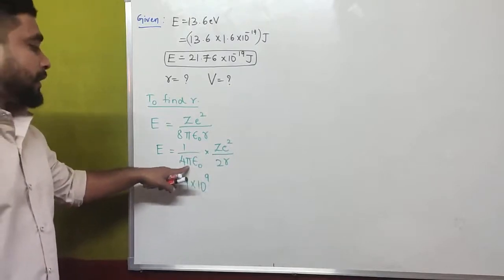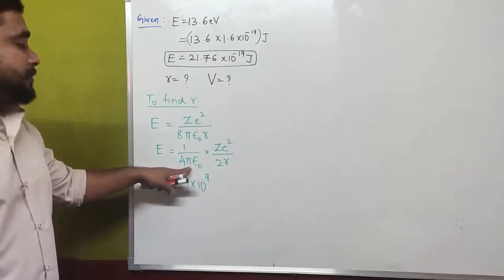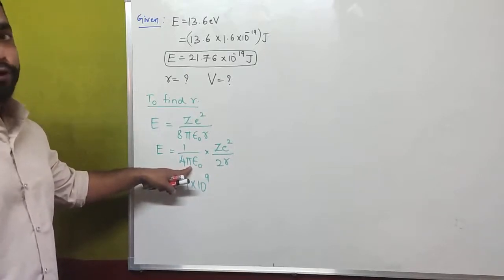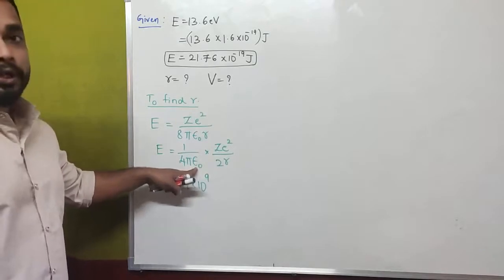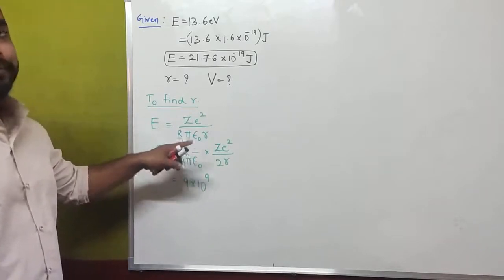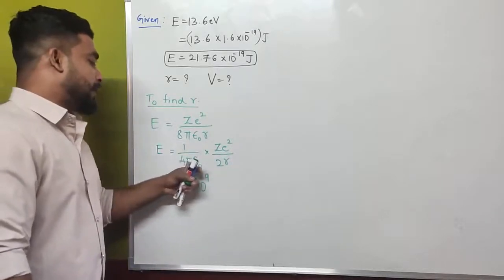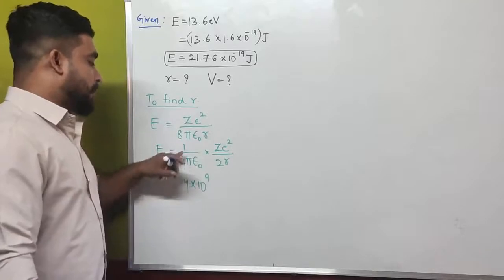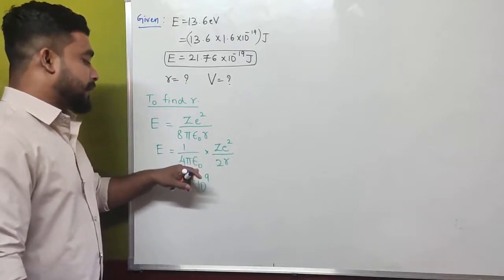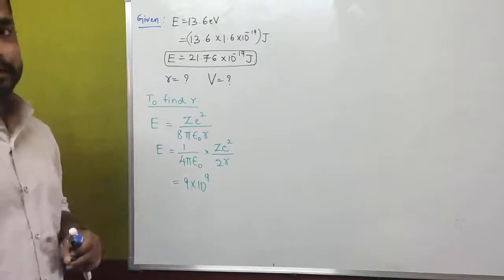The value of pi is 22 divided by 7, or you can directly consider pi as 3.142. Then epsilon naught is 8.854 into 10 to the power of minus 12 farad per meter. If you substitute pi and epsilon naught here and divide by the whole constant, you will get 9 into 10 to the power of plus 9.